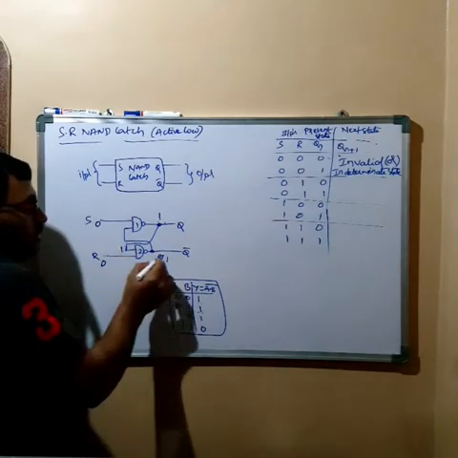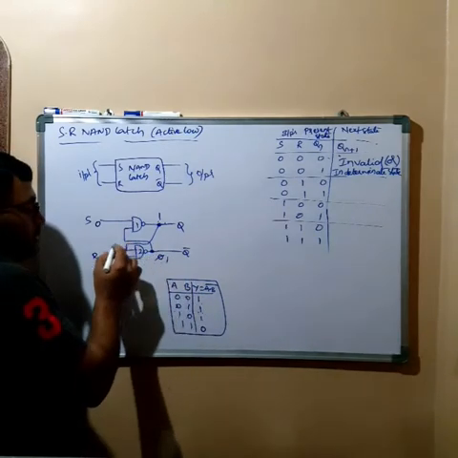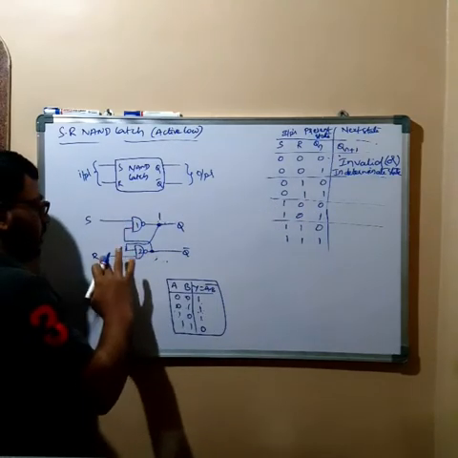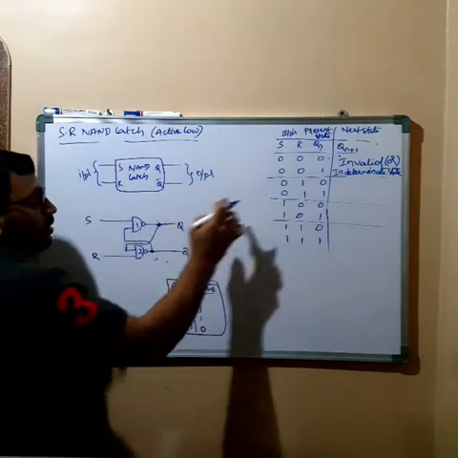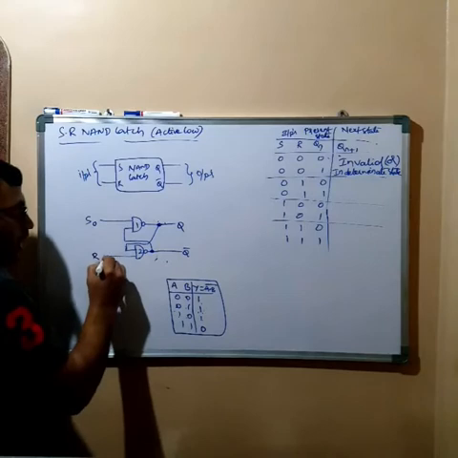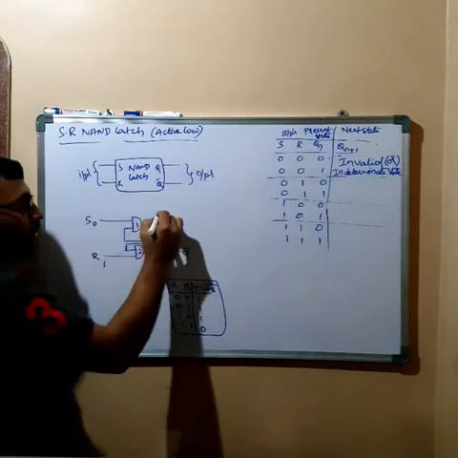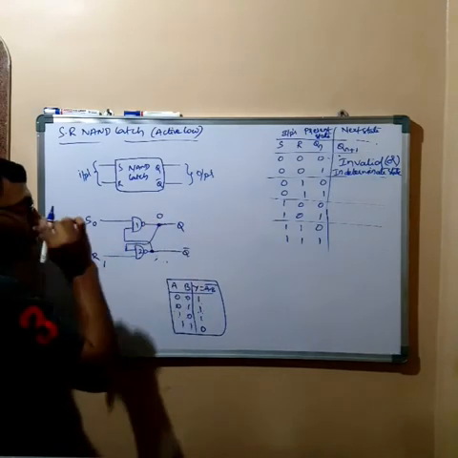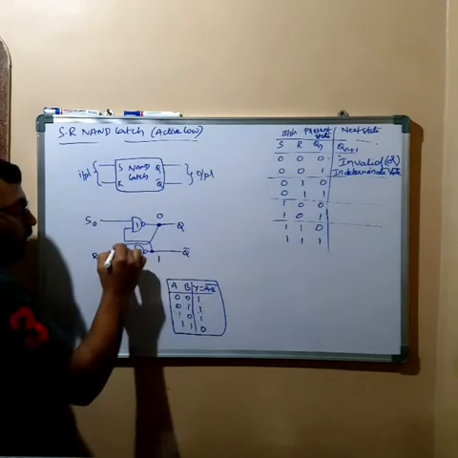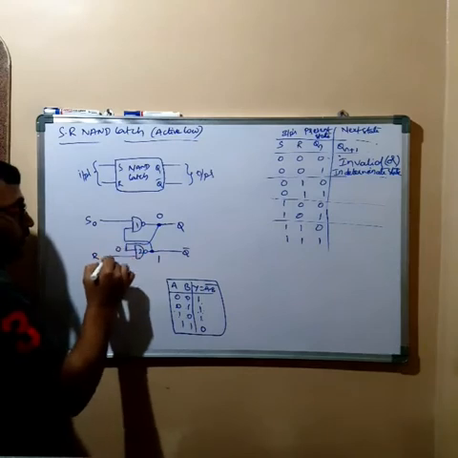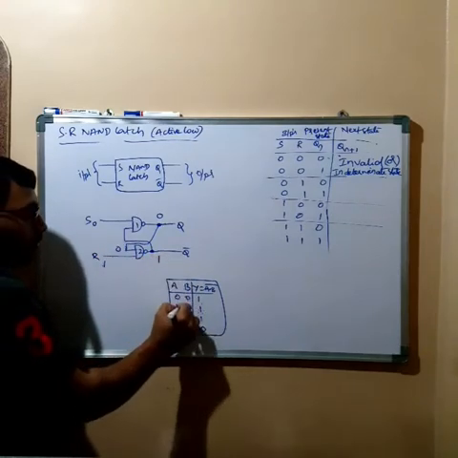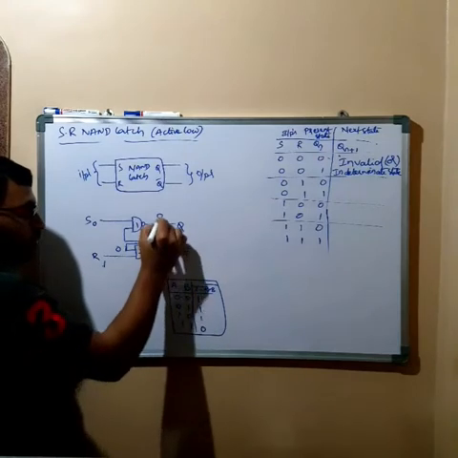Sorry, I have not changed the inputs. Let us verify this condition from the starting. S is 0, R is 1, past output is assumed as 0, the complement of this is 1, 0 is appearing here. If 0 1 are the inputs to the NAND gate, the output is 1.